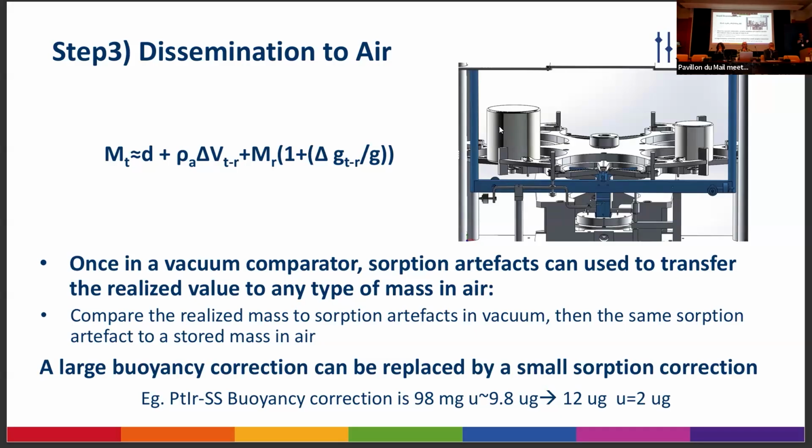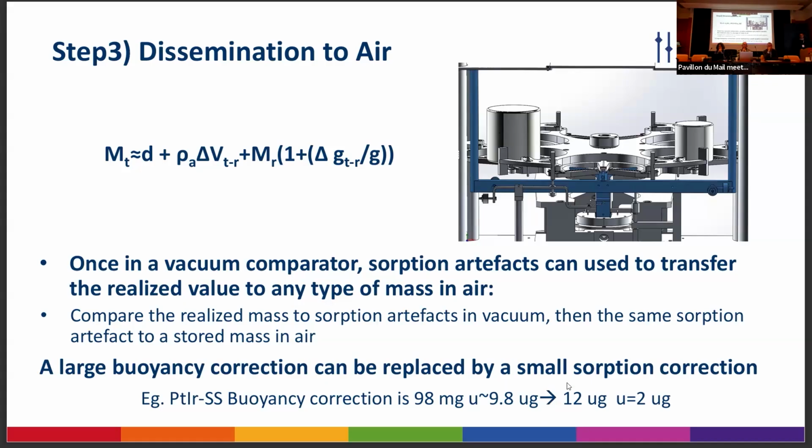And that volume correction uncertainty was related to the magnitude of the volume difference, as well as your air density uncertainty. That was typically about a 98 milligram correction and about a 9.8 or 10 microgram uncertainty. So if you can get air density to about parts in 10 to the minus 4.